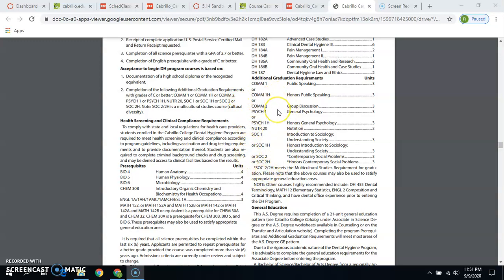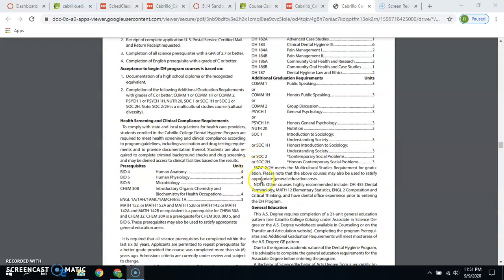So in addition to general ed and prereqs, a dental hygiene student would have to complete Com 1 or 1 honors or Com 2, Psychology 1 or Psychology 1 honors, Nutrition, Sociology 1 or 1 honors or Sociology 2 or 2 honors.